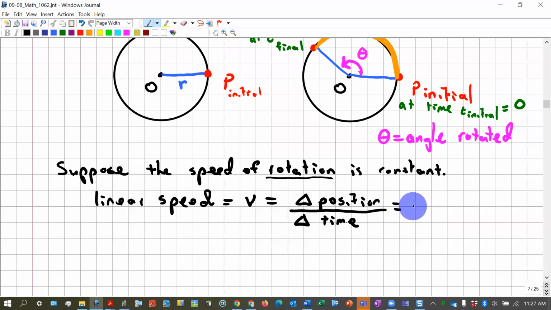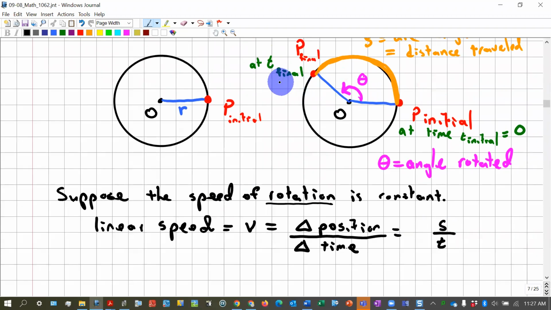So that's going to be S divided by T, or T final really, but if T initial is 0, then T final minus T initial is T final.